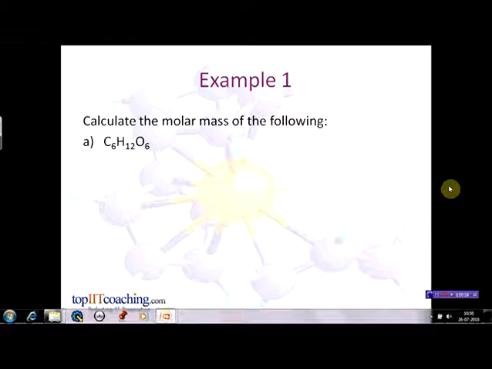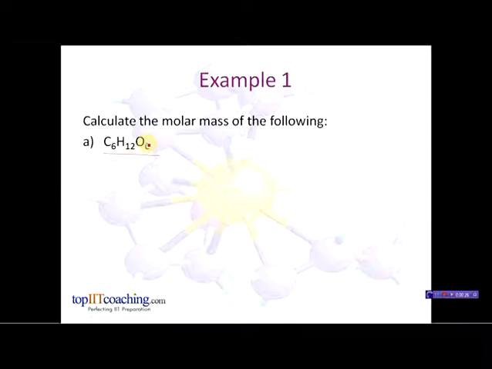The concept of molar mass will become clearer once we take a few examples. Let us calculate the molar mass of glucose, whose chemical formula is C6H12O6. Now we know that we can obtain the molar mass by adding the atomic masses of the constituent atoms present in the chemical formula, which is C6H12O6.